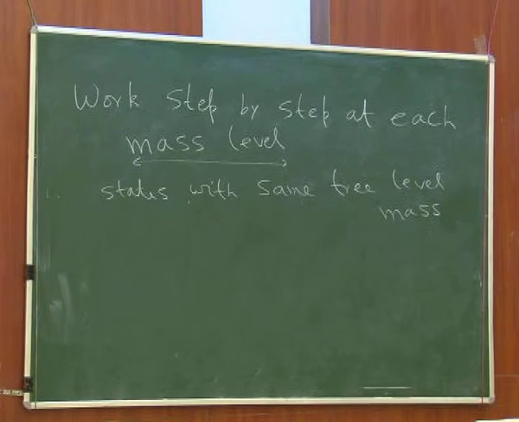In string theory, at a given mass level, the spectrum is highly degenerate, even at tree level mass, because you have the oscillator excitations. So at a given mass level, there are many states, but a finite number of states. So you fix a given mass level and you try to diagonalize there, and then you go to the next mass level and try to diagonalize this matrix there and so on.